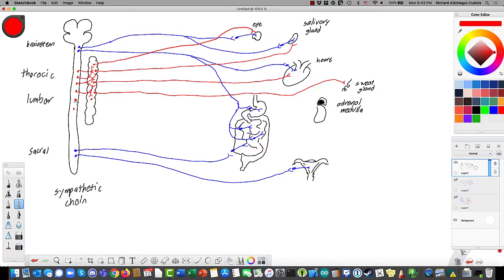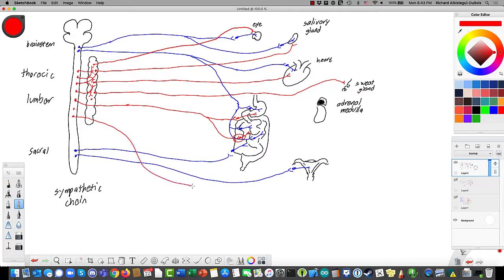So now some of these preganglionic cells actually go through the chain but don't stop there. And some of those are the ones that are going to follow that second sympathetic pathway and have ganglia close to the target, like parasympathetic pathways do.